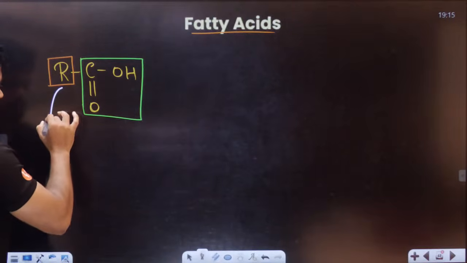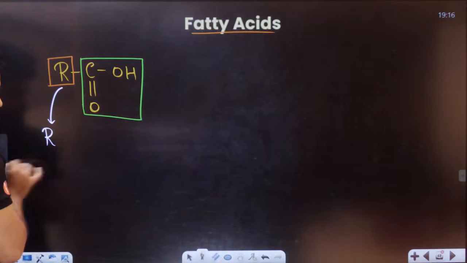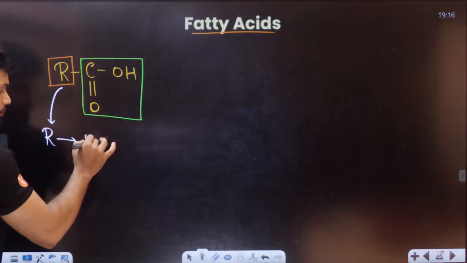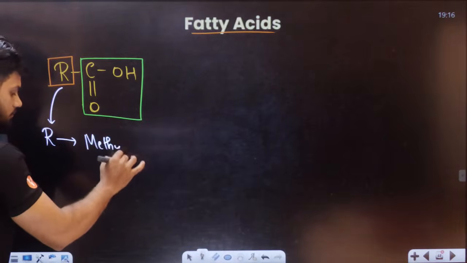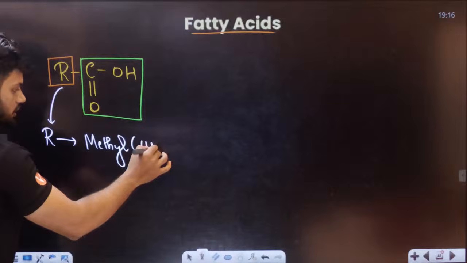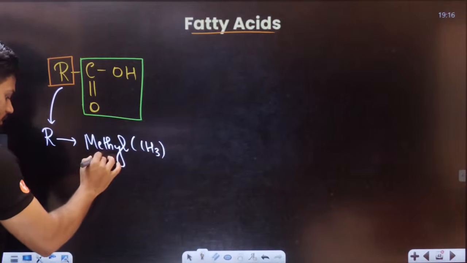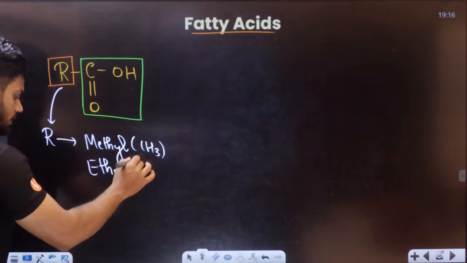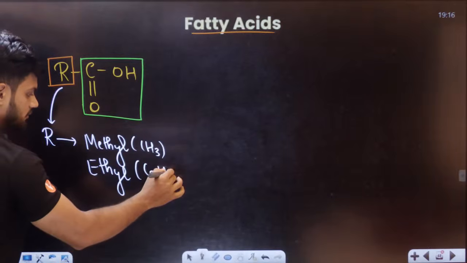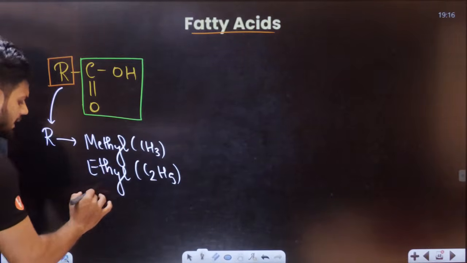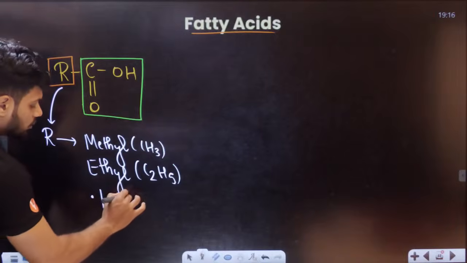So it has an R group, the functional group, and this R can be methyl, that is CH3, or ethyl, that is C2H5, or any number of carbons, 1 to 19.